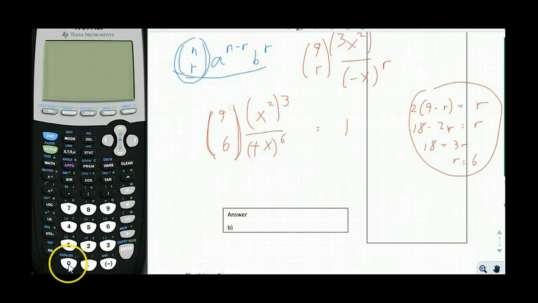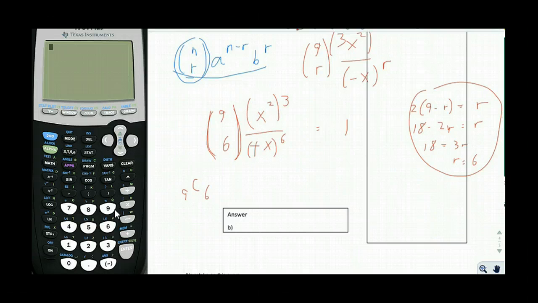So now, what is this coefficient here? Well, as you did in the problem set, maybe you saw that you can find it in the PRB menu. You're going to go down to nCr. We need to put in the first value first, so actually 9C6 here.